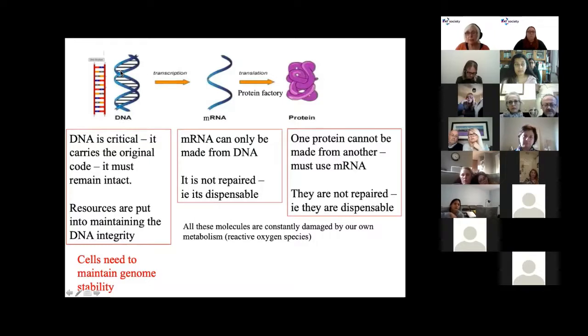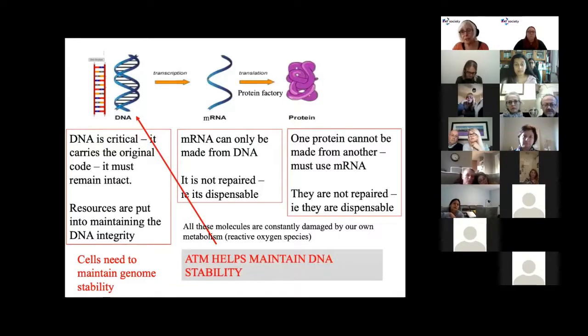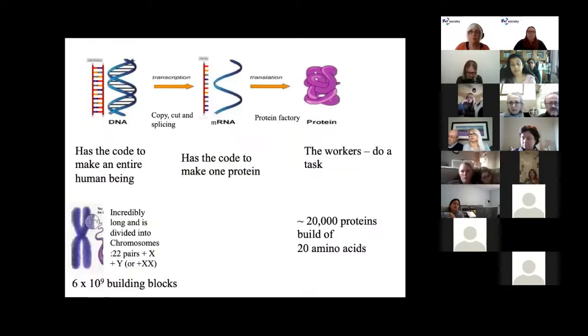And the major thing that ATM does, and the proteins encoded by AOA1 and AOA2, is to help maintain the integrity of your DNA. And it's expressed in every single cell, because this is so important.